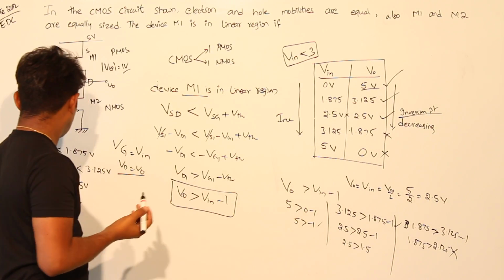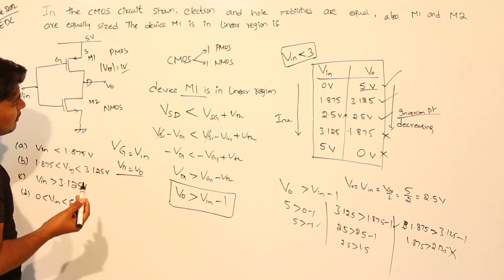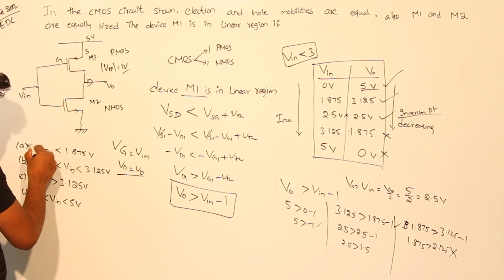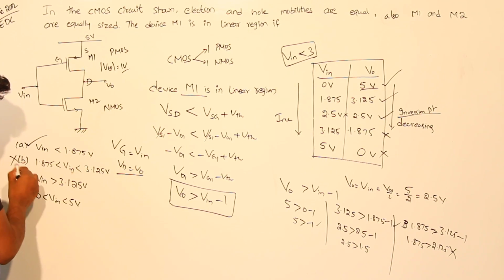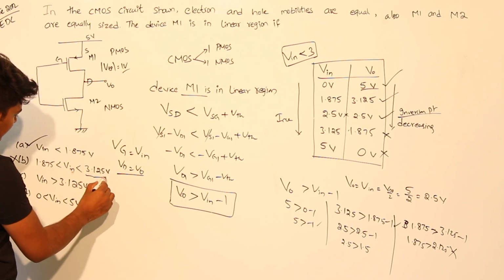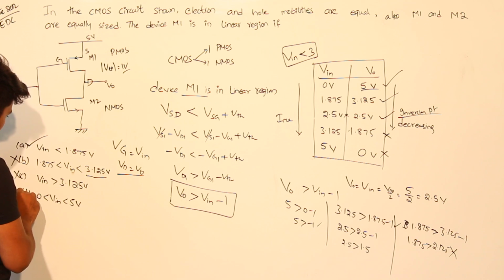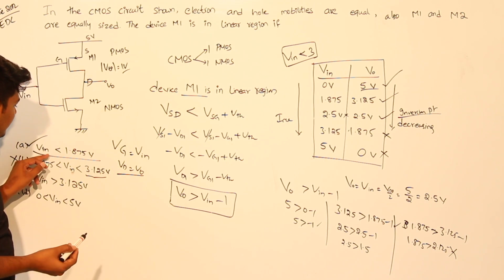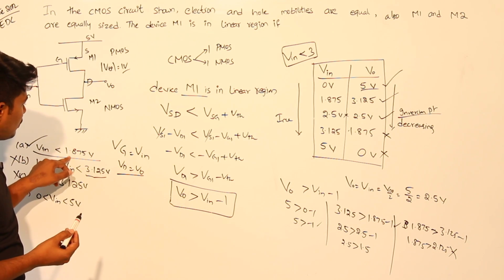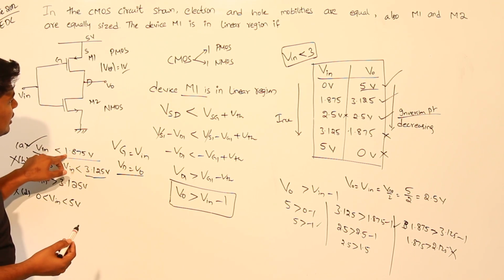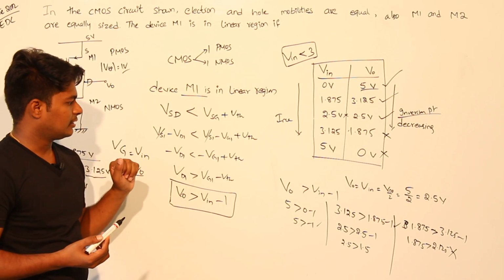So in the options, which value is less than 3 only? Option A is less than 3. Option B is not, because it has 3.125, which is greater than 3. C is not, and option D is also not. So from the options, V in is less than 1.875 volts. If V in satisfies this condition, then only M1 is in linear region.